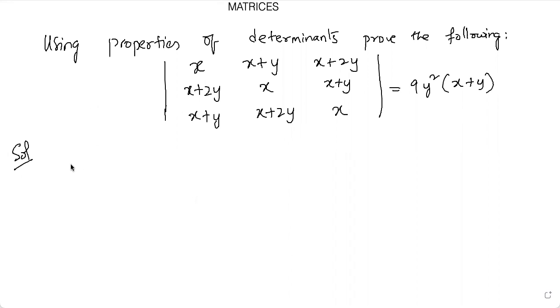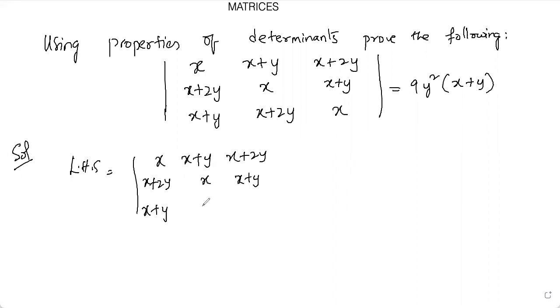Let the LHS be the determinant with rows x, x plus y, x plus 2y; x plus 2y, x, x plus y; x plus y, x plus 2y, x. Let us apply the column-wise formula.